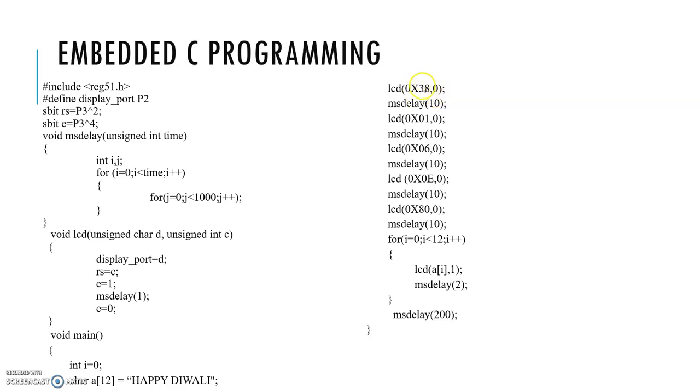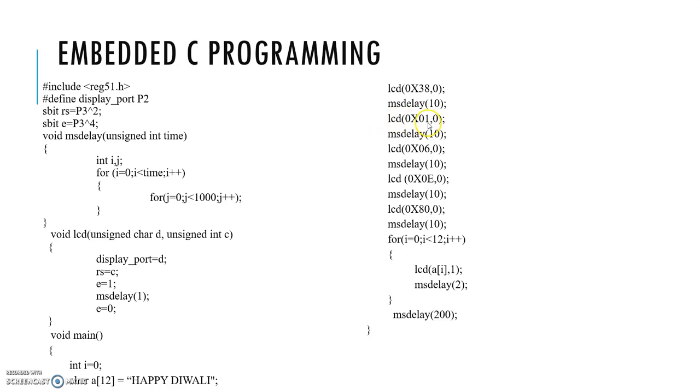The first argument is 0x38, that is D, which will be given to the display port, that is, port 2. And 0 is the second argument, which is assigned to C and given to the register select. So when RS is equal to 0, we are passing a command, so 38 will be the command. Then we call a delay of 10.